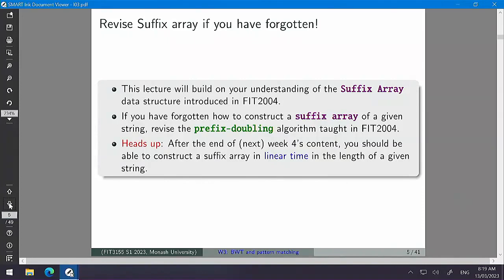Long time, been there, done that. Prefix doubling. It was Manber and Myers who introduced this data structure and came up with this algorithm, and if my memory serves me correctly, that would run as n log squared n if you did it in a certain way. Okay? So n is the size of the string, log squared n.